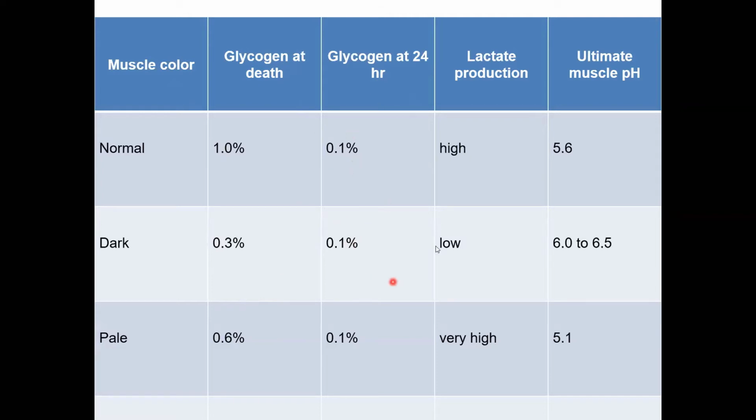Here it is 0.1%, the lactate production is high, so we attain an ultimate pH of 5.6. Here the lactate production is low, and the ultimate pH will be around 6 to 6.5. So you can find the ultimate pH is very high compared to the normal muscles, where the ultimate pH will be around 5.4 to 5.6.